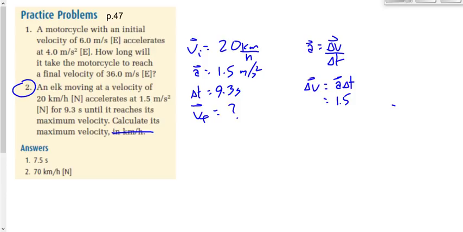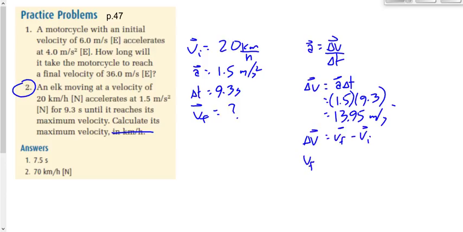And let's say 1.5 times delta T, 9.3, gives me a change in velocity, delta V. 1.5 times 9.3 is 13.95 meters per second. We also know that delta V is equal to VF minus VI. So if I'm solving for VF, we take the VI over by adding: delta V plus VI. Now we do have to be careful here.